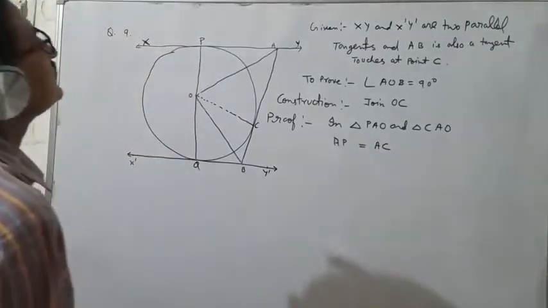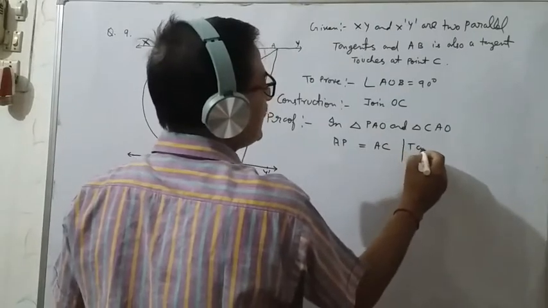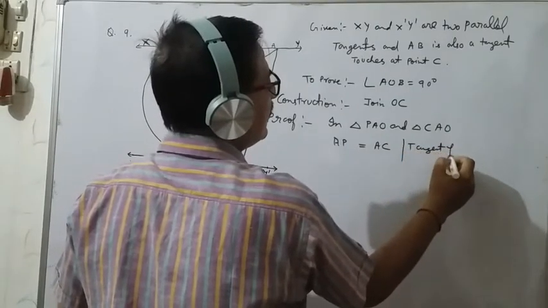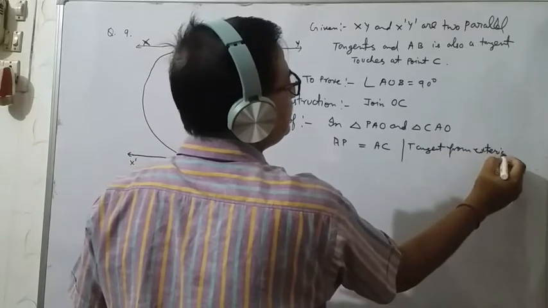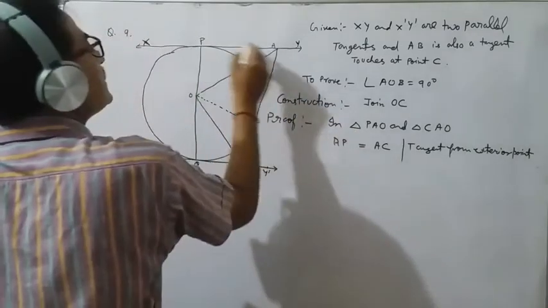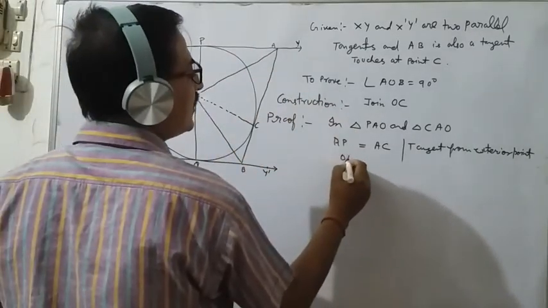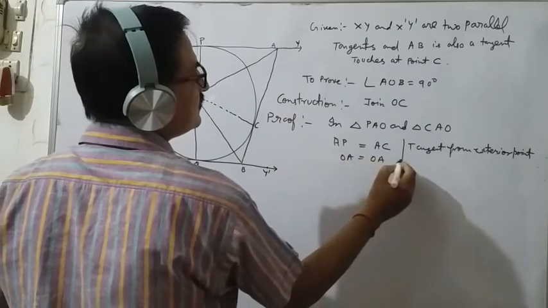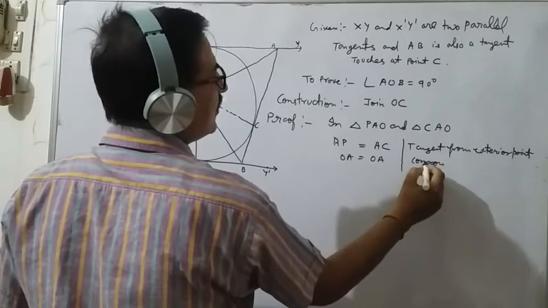What is the reason? Tangents from an exterior point are equal. OA equals OA, common.